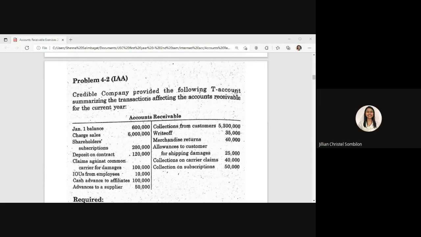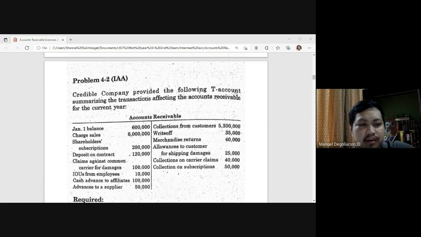What do you think? Sir, debit sales 5,300,000, then credit cash. No, the credit should be accounts receivable because it's posted on the credit side.